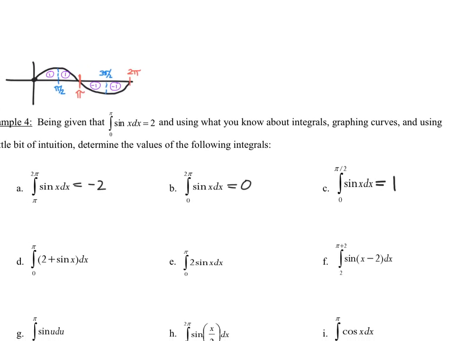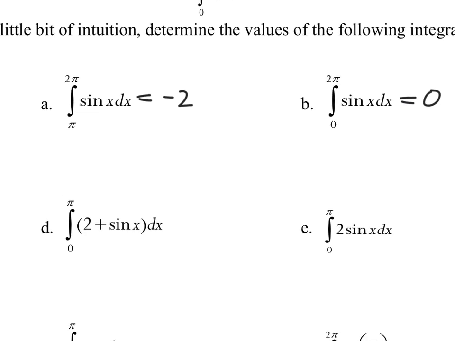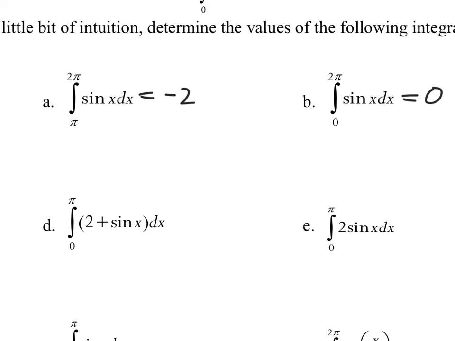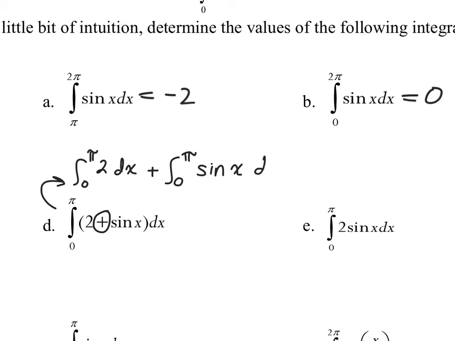For D, it's a little different, but nothing too crazy. What I want to do here is use one of my properties first, and that's the sum property: the integral from 0 to pi of 2 dx plus the integral from 0 to pi of sine x dx.